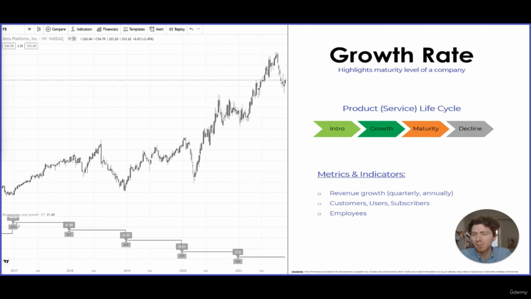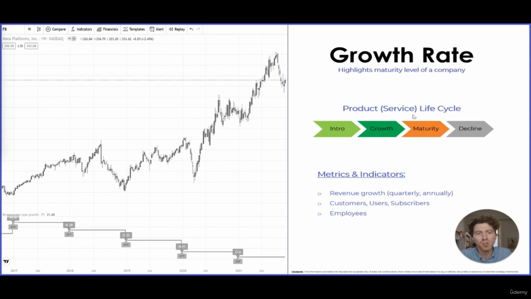But you see, while they had over 50% growth rates in 2016, this more than halved to about 20% in 2020. And this is a clear indication that Facebook reached a maturity level, and what I think personally is actually on the way to decline as a product or service.